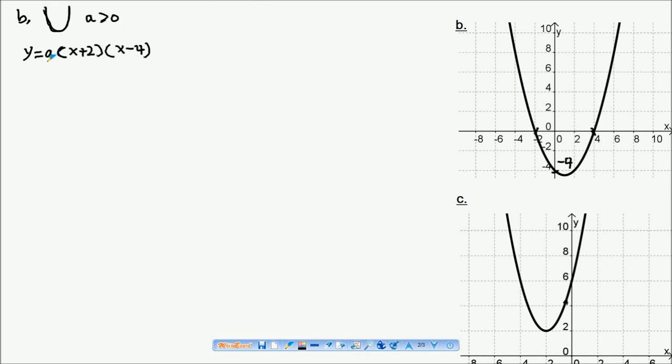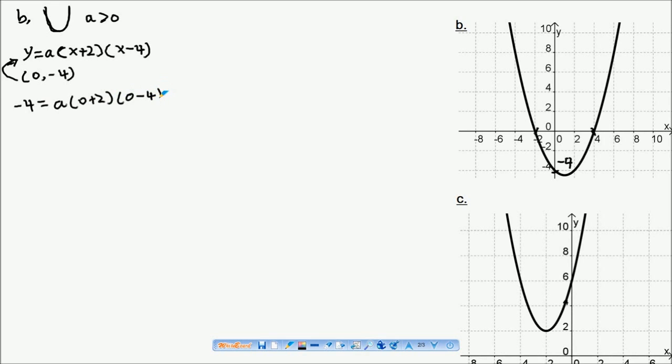Now when x is 0, y will be -4. Let's substitute this point into the equation to find the value of a. So -4 will be a times (0 plus 2) times (0 minus 4).